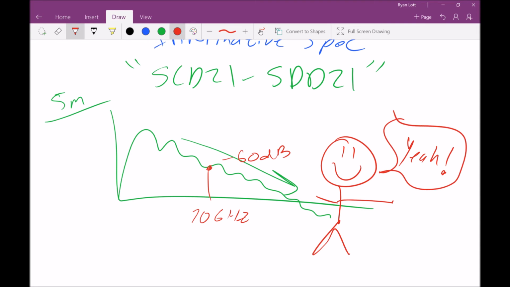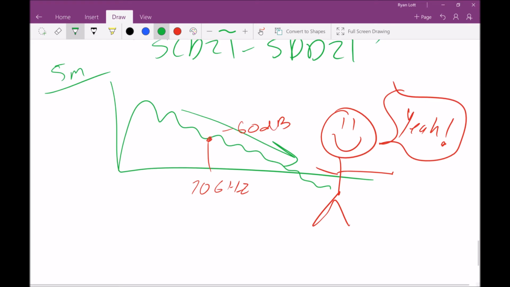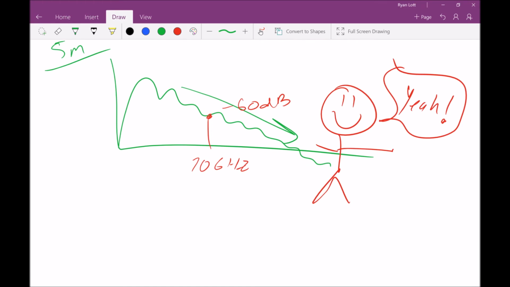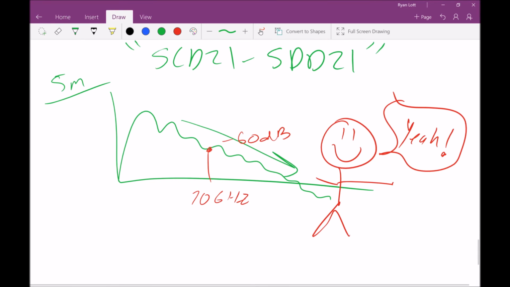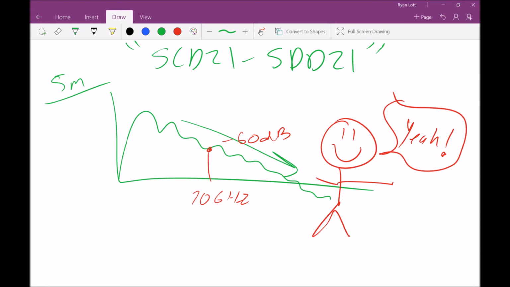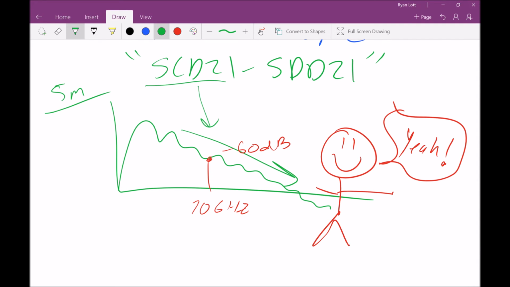Yeah, there we go. So anyway, you get a profile like this. And as you learn more and more about mode conversion, you can use mode conversion as a way to debug where you are losing differential signal from. If you're just using plain SCD21, it's really hard to debug.